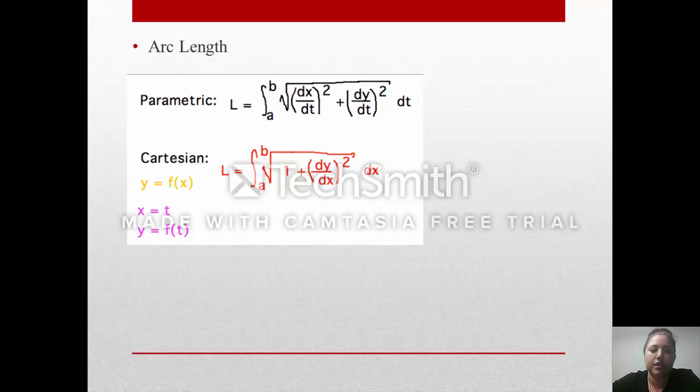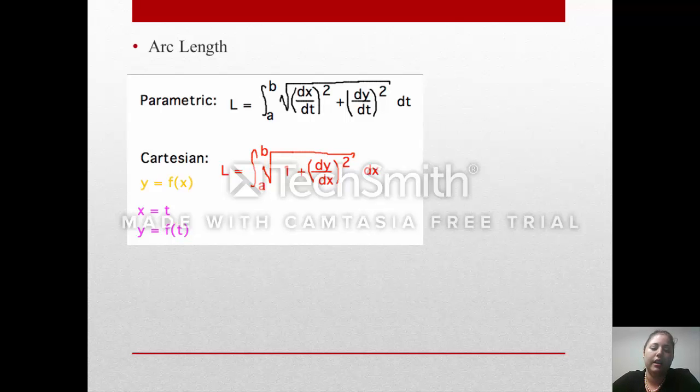Now, another application is finding arc length. We have two different types of arc lengths: parametric and Cartesian. We denote arc length as L. L equals the integral from a to b of the square root of (dx/dt) squared plus (dy/dt) squared dt.